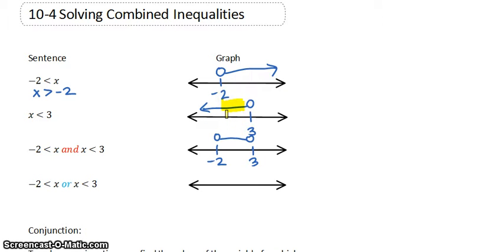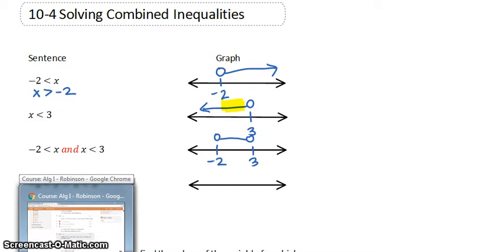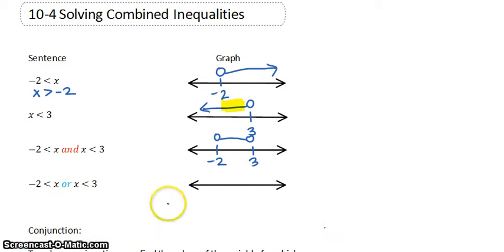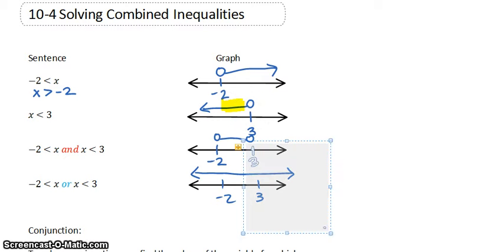Okay, whatever. So now if you have an or situation, that means either one has to happen. That means that only one of them has to be true. For this one, you have a -2 right here, and you have a 3, and it's actually going to be all real numbers. The reason why is if we look at the original ones up here, I'm going to take a different color. If you look on the left side over here, we have everything up to there.